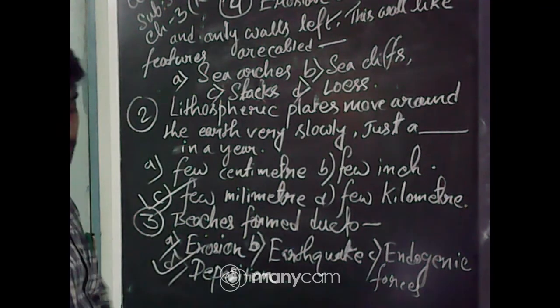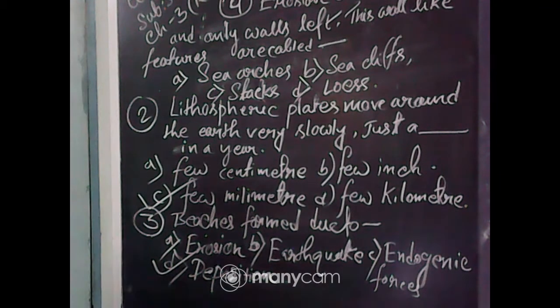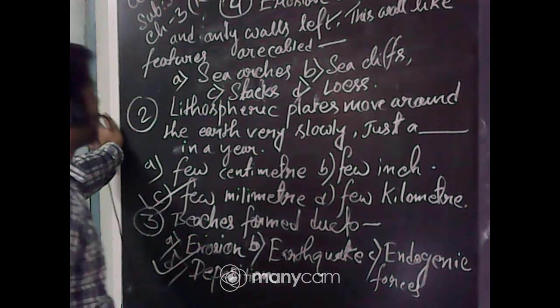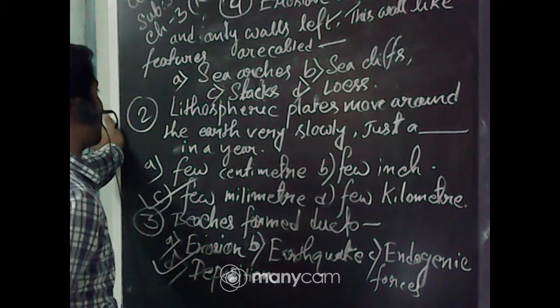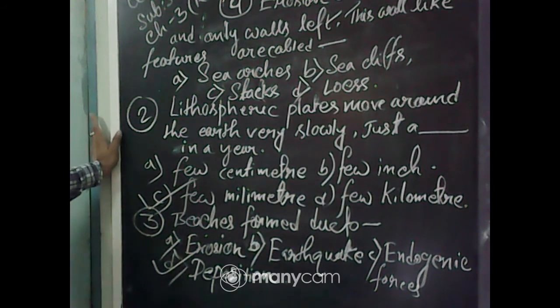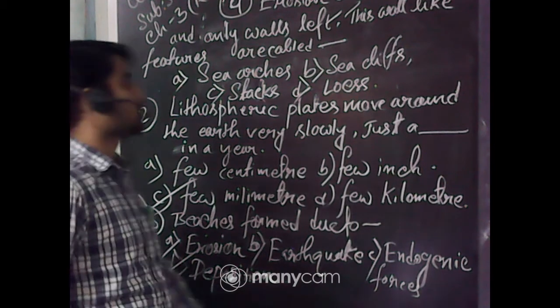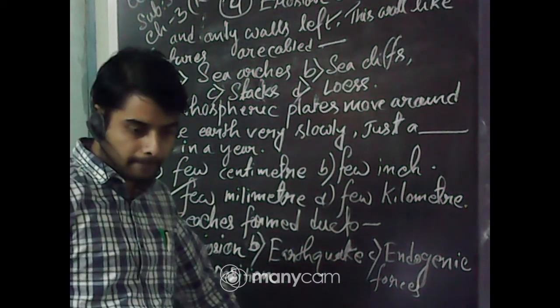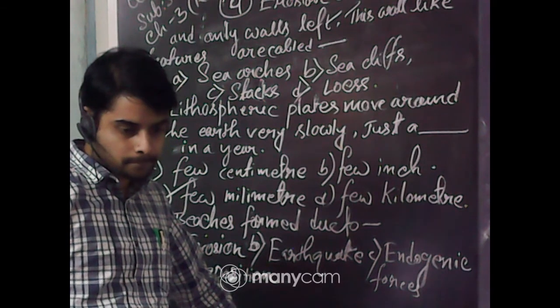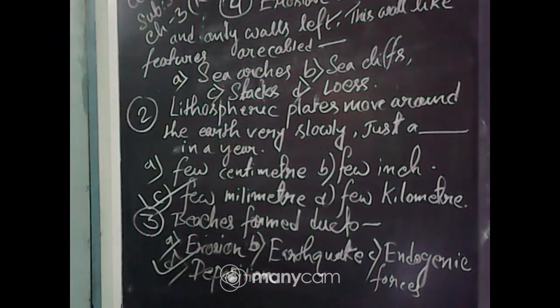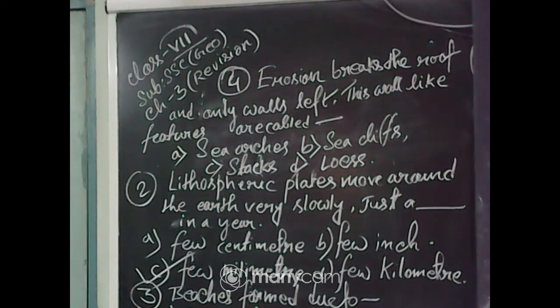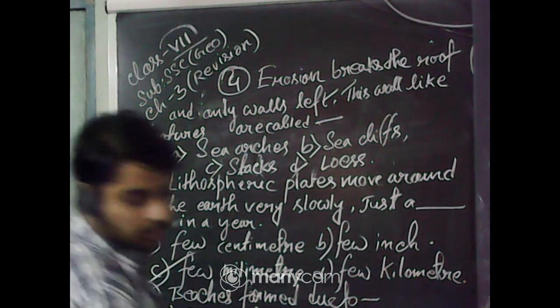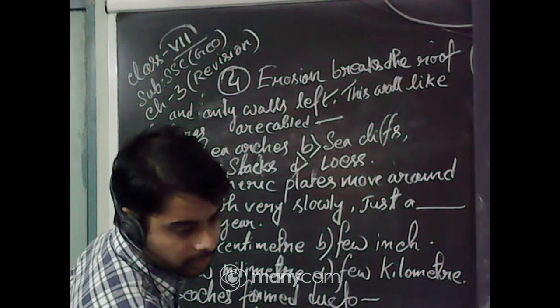So which is the correct option in this case? So tell me, the erosion breaks the roof and only walls left. These wall-like features are called A, sea arches, sea cliffs, sea stacks, D, loess. So which is the correct answer? Some student mention here that it is the stacks.